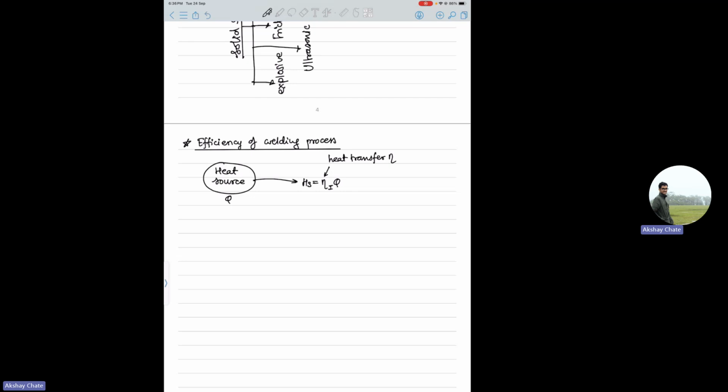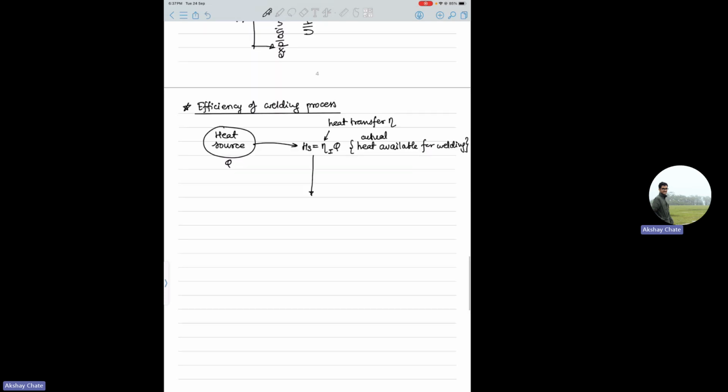Significant losses happen because welding is not a very sensitively controlled process as far as heat transfer is concerned. This HS is the actual heat available for welding.